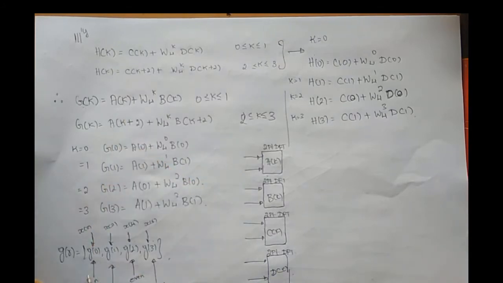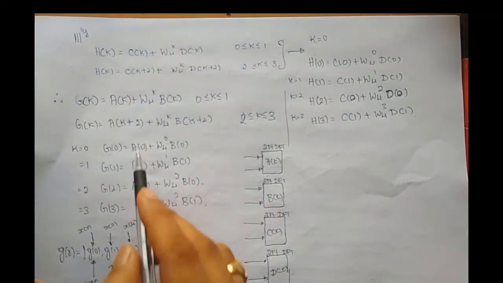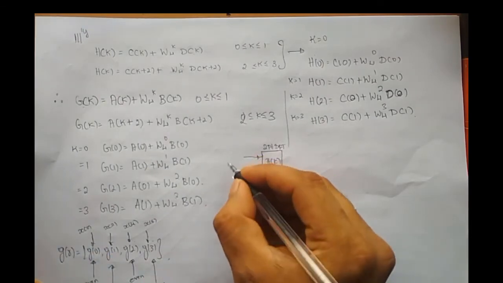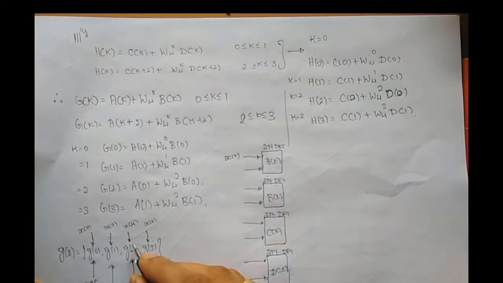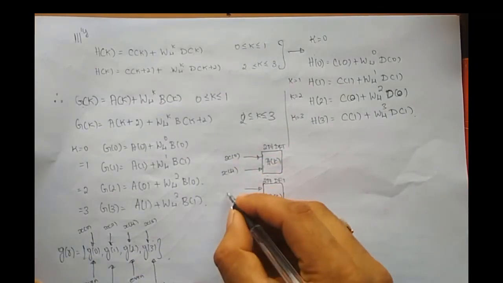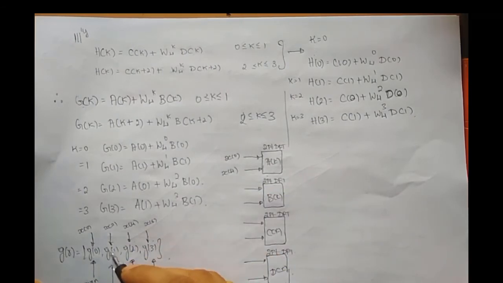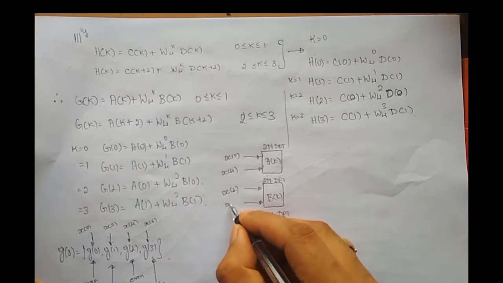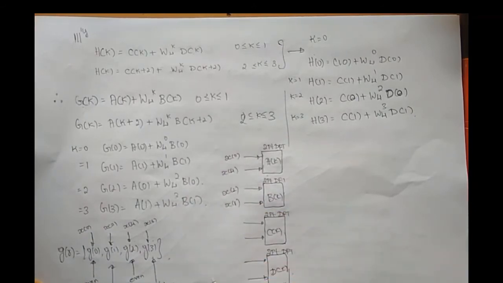Even index samples of g of k. So here even is g of 0 and g of 2. So g of 0 corresponds to x of 0, g of 2 corresponds to x of 4, right? What about odd? This odd index is x of 2, and this odd corresponds to x of 6.